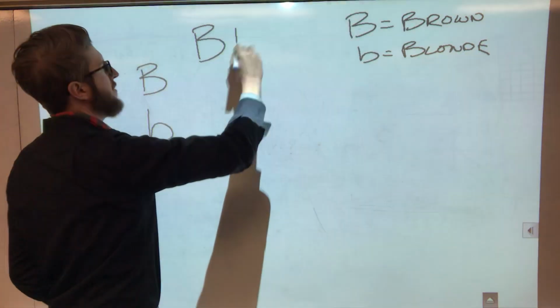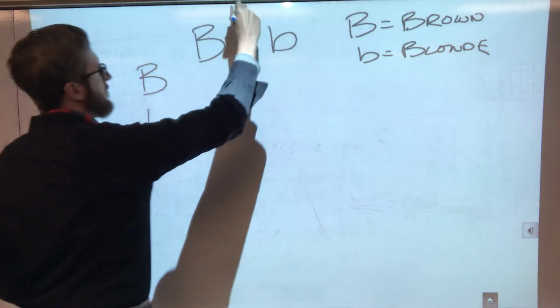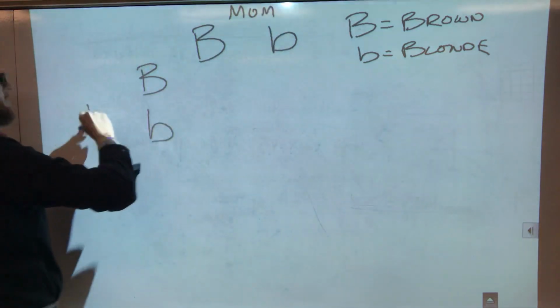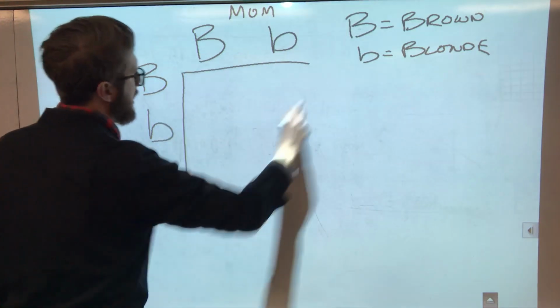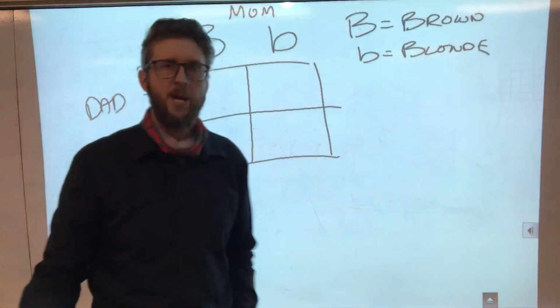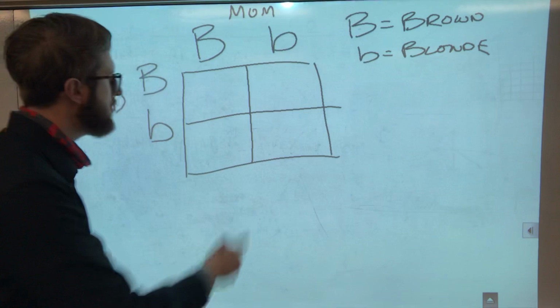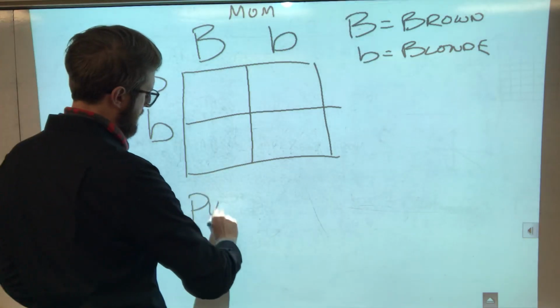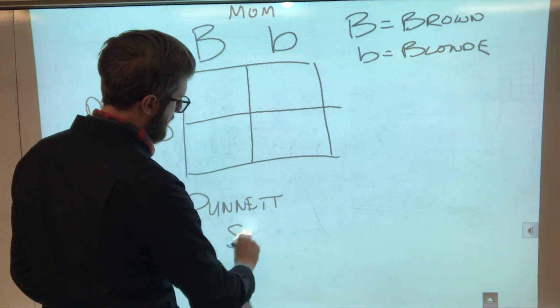Actually, let me give more of a space between here, okay? So this is mom, and this is dad. And you can actually calculate the percent chance that their kids will have either brown hair or blonde hair using what's called a Punnett Square.